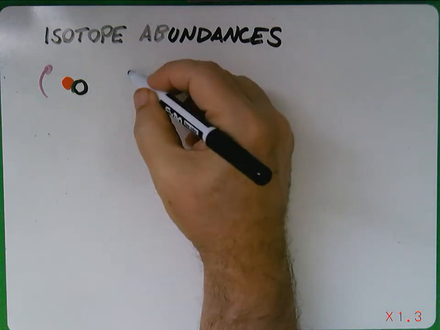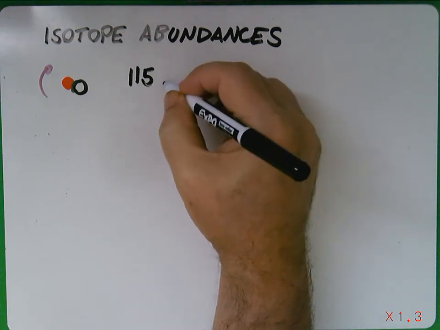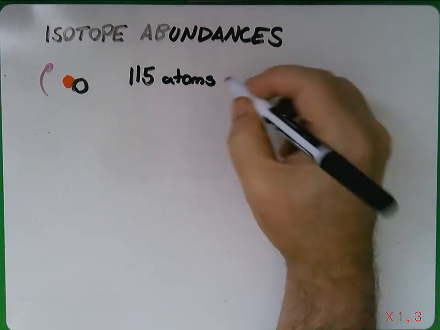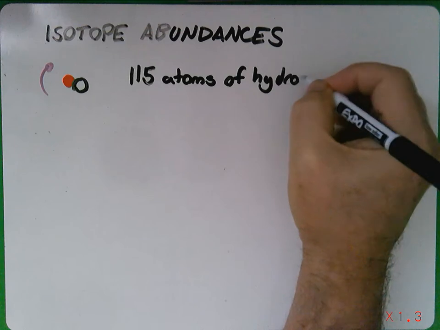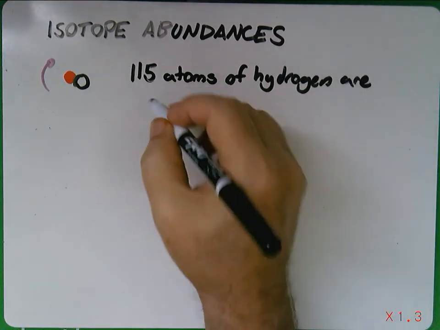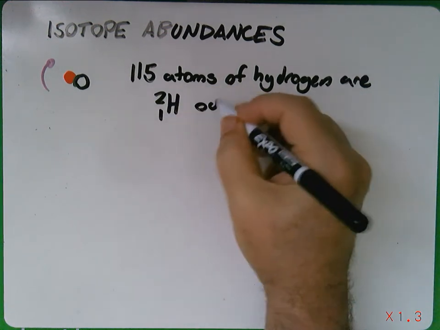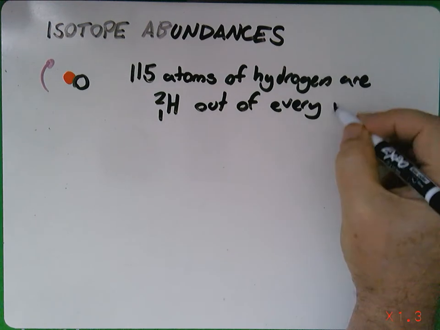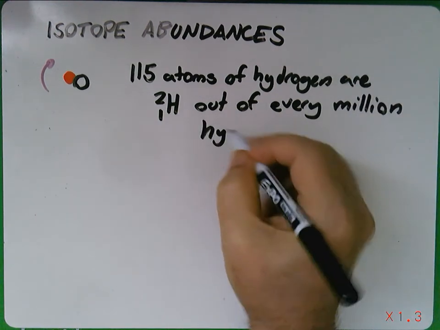It turns out that 115 atoms of hydrogen are deuterium, or hydrogen 2, out of every million hydrogen atoms of all kinds.